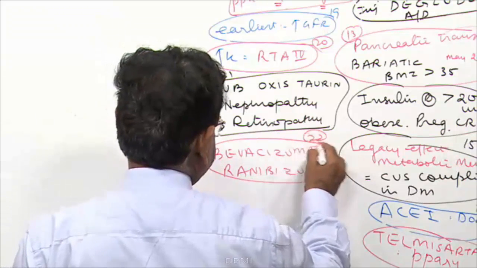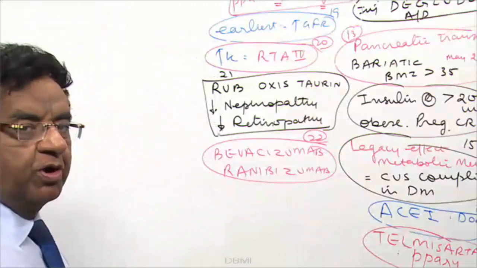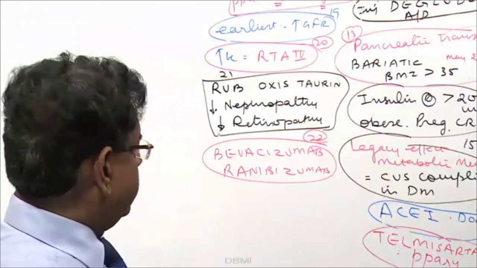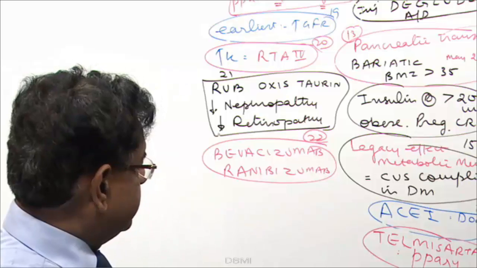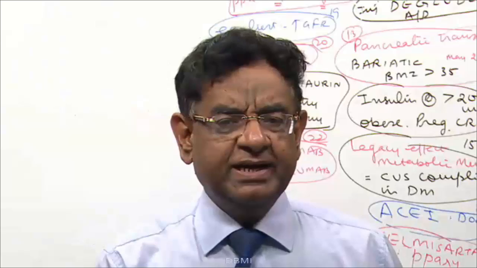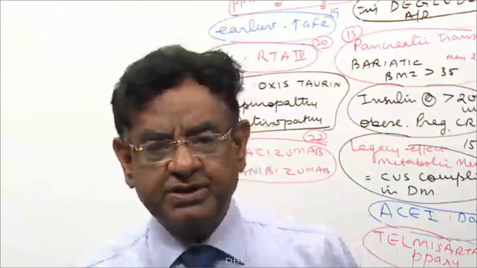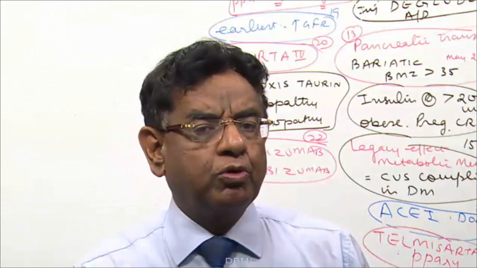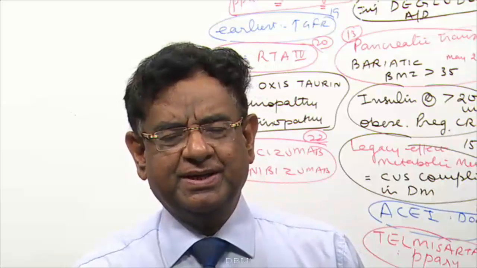Box number 22. I hope all of you are doing the numbering. So bevacizumab and ranibizumab are the 2 drugs which they have used. They are monoclonal antibodies. And what do they do?